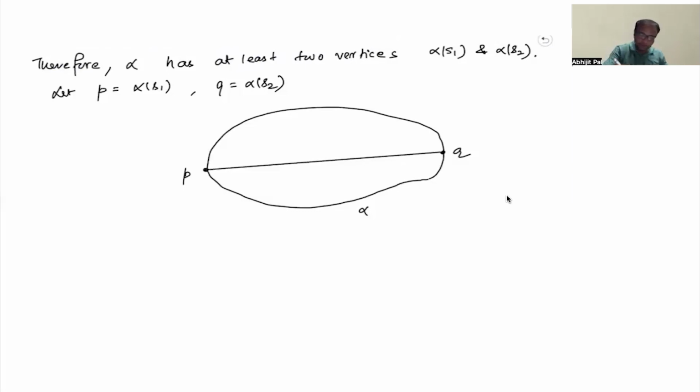This line divides alpha into two segments. Let us call this my beta and this my gamma.